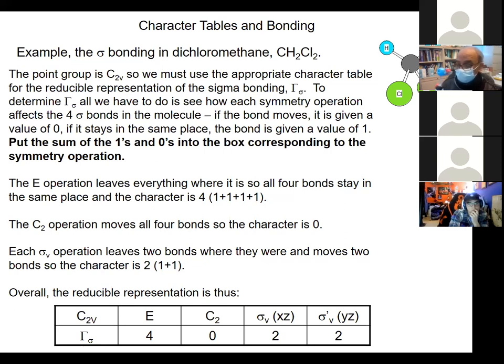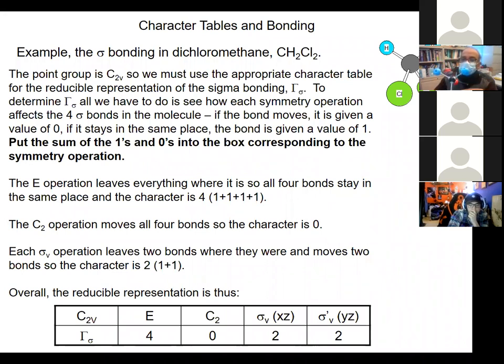Does it have a C3? A tetrahedron has a C3. Does it have a C3? No. So if you look at this molecule, the way I'm going to look at it is like this. I'm trying to hold it from here.